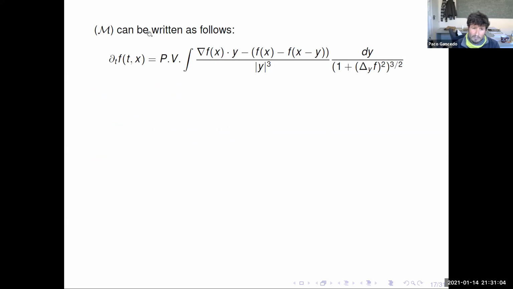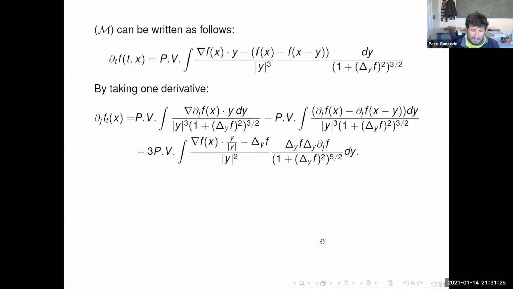So I'm going to do a trick to control the slope. I'm going to write Muskat with a tricky integration by parts like this. And now I can understand Muskat as a transport term with a nonlocal velocity given by this part, and then a kind of nonlocal dissipation. So what I'm going to do is take one derivative, because I need to control the slope. We need to control the slope, right?